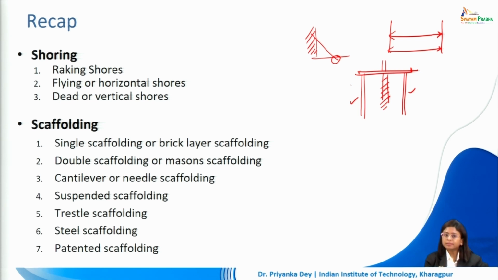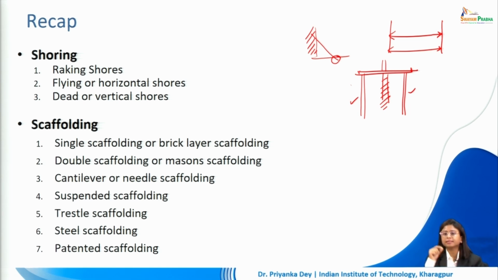Cantilever or needle scaffolding is at a higher level from the ground, and it is taking help of needles and struts and connecting it to the nearby floor, internal space of the house with the help of openings. So, through the opening, the member goes into the room and supports this cantilever or needle scaffolding.